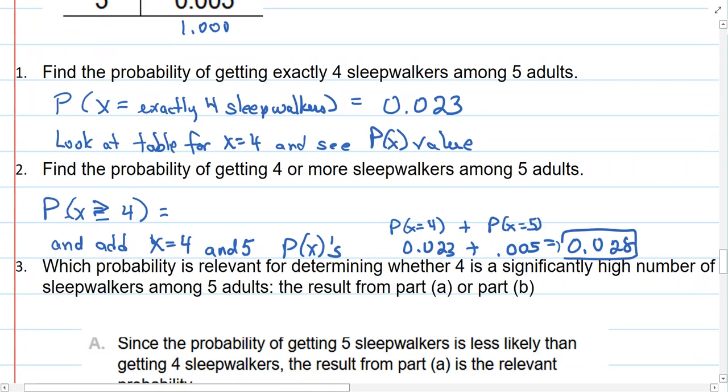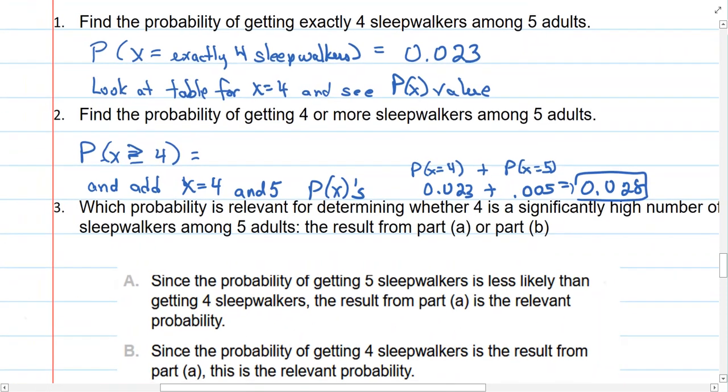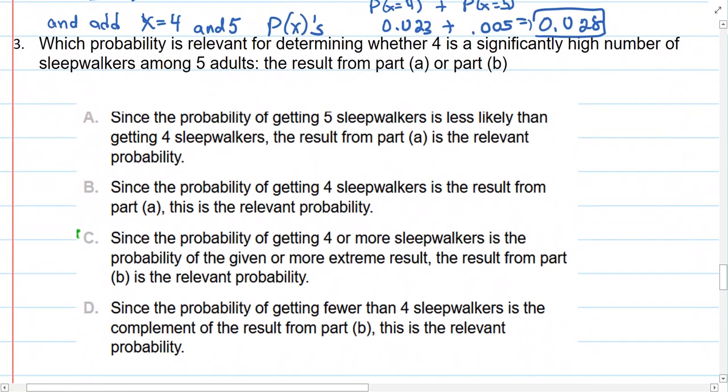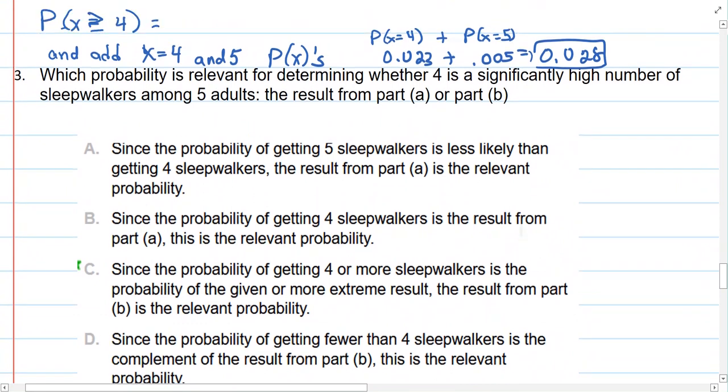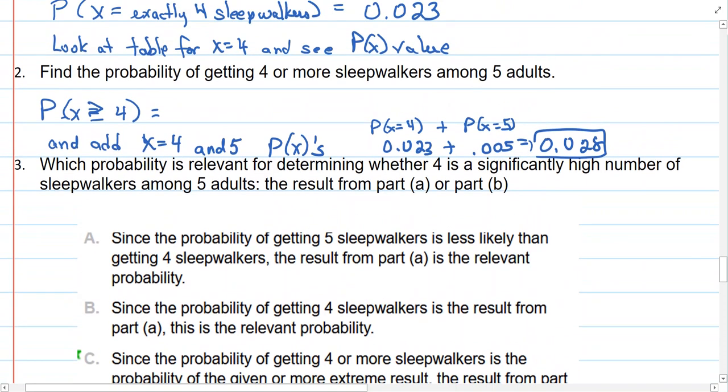Nothing hard. Well, then it asks us to make an inference. So here we go. Which probability is relevant for determining whether 4 is a significantly high number of sleepwalkers among 5 adults? The results are parts A through D. Specifically said 4, whether 4 is a significantly high.